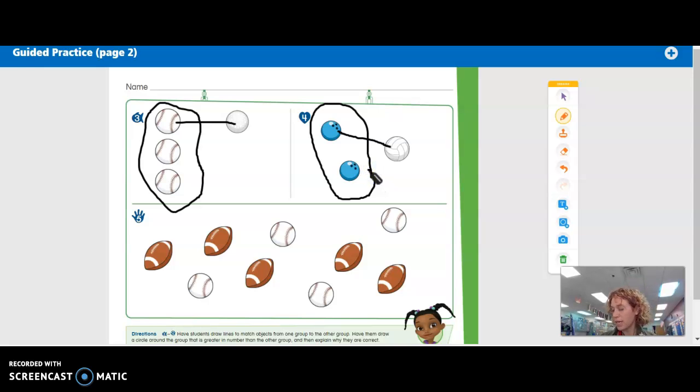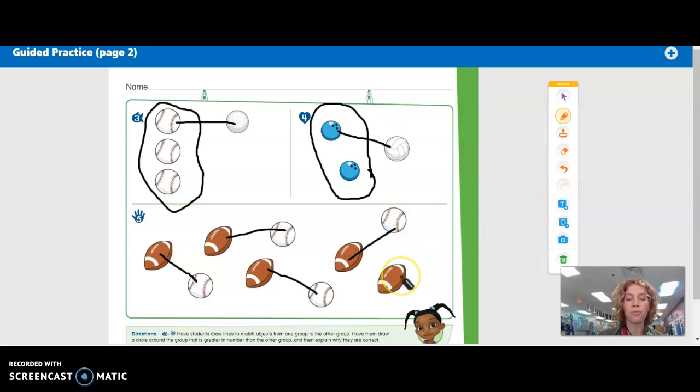All right, let's take a look at number 5. With number 5, we're matching up footballs and baseballs. We want to know which group of balls has a greater amount, so we have to match them up. Football to baseball, football to baseball, football to baseball, football to baseball.